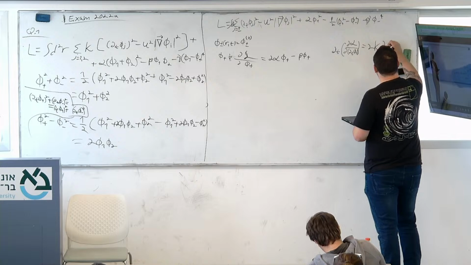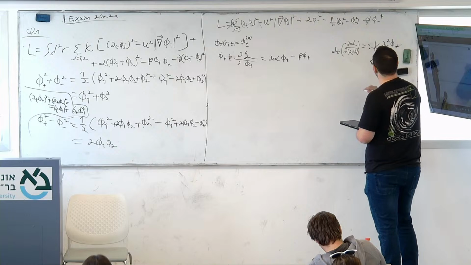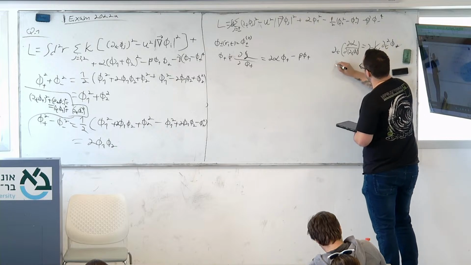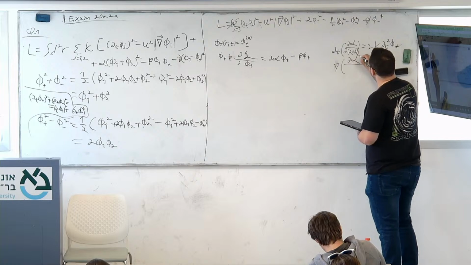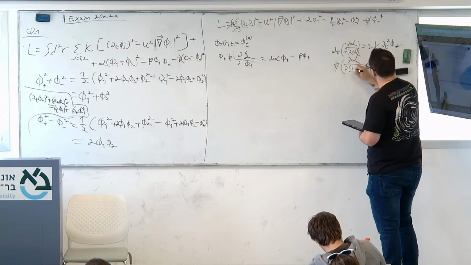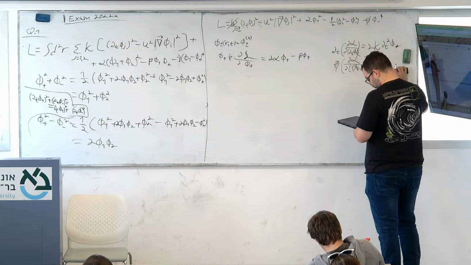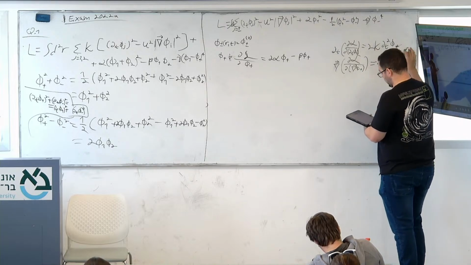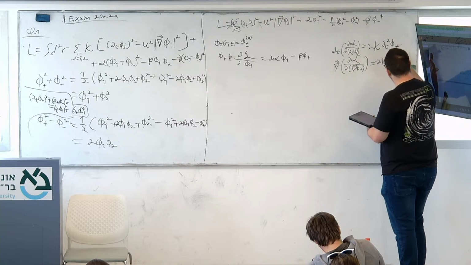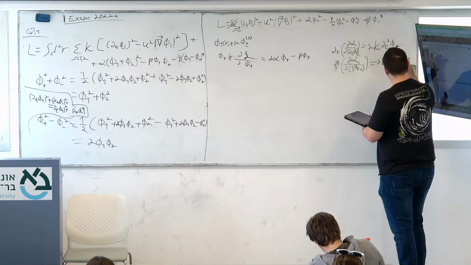Yeah. 2 kappa d squared phi plus, and the Lagrangian equal to 2 minus 2 kappa u squared phi plus.